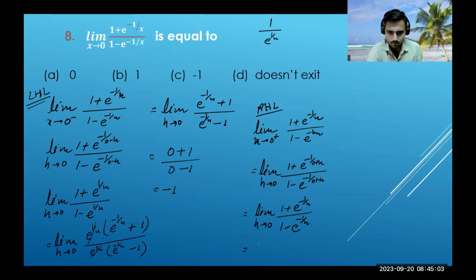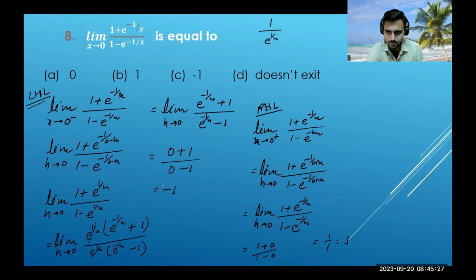So we'll get 1 and 0, 1, minus 0. Here we have minus, right? So we can understand here 1 upon 1, which is 1. So we have RHL, which is 1, and LHL minus 1.